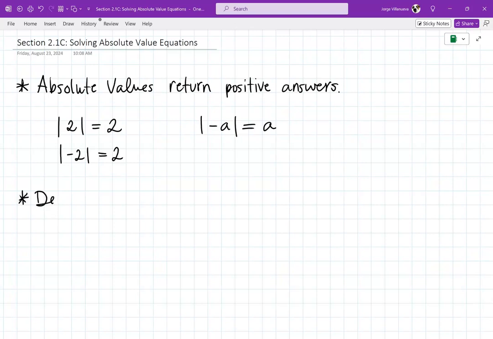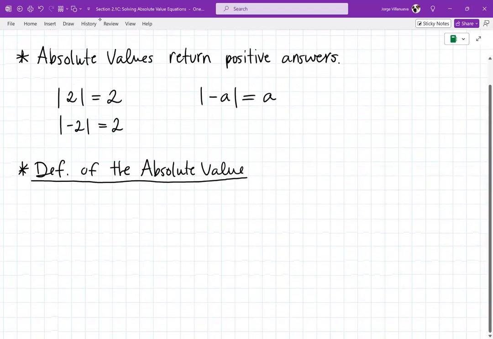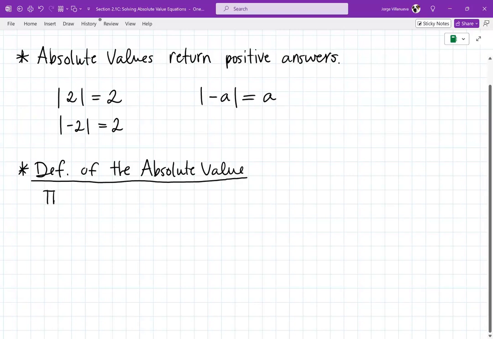Definition of the absolute value: the distance from 0 on a number line.